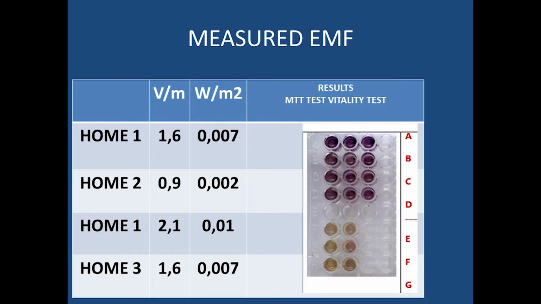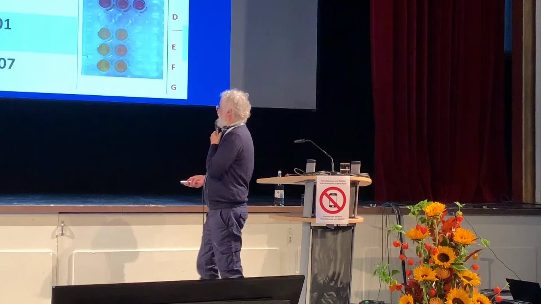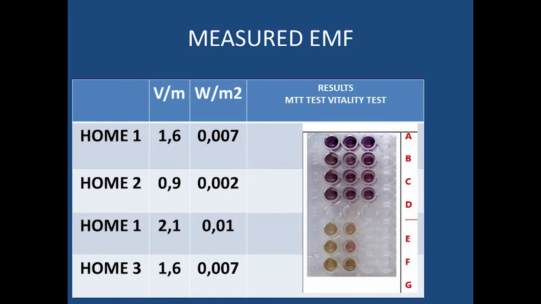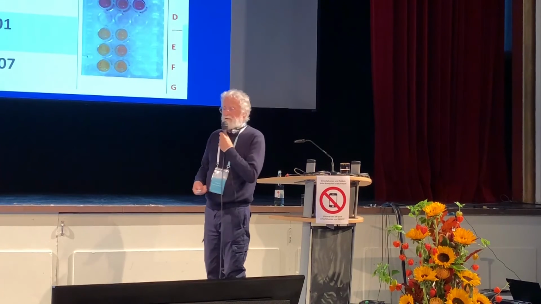The fields inside the house, which were used for the experiment, were 1.6, 0.9, 2.1, 1.6 volt per meter. And this is the difference, an example, naturally.